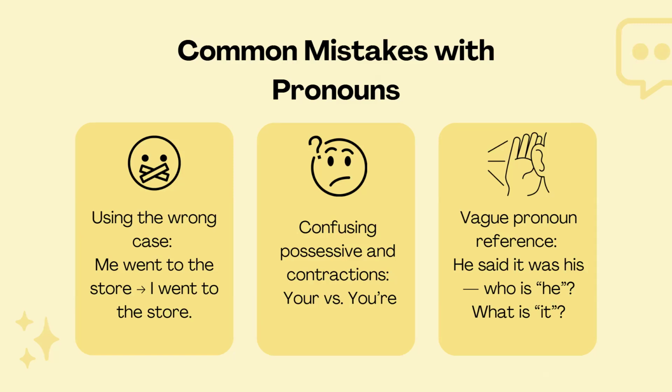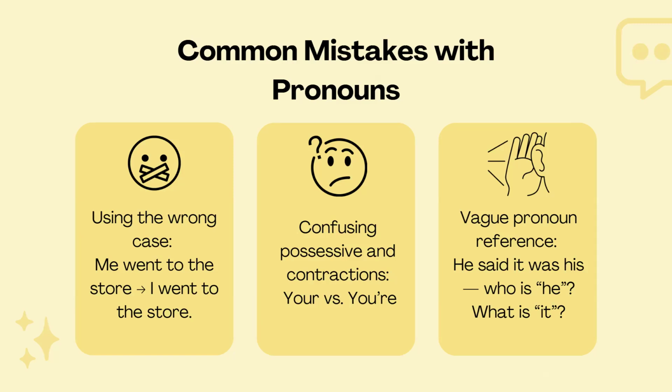So always remember, your spelled y-o-u-r is a possessive pronoun, whereas you're with an apostrophe is the contracted form, a short form of you are.